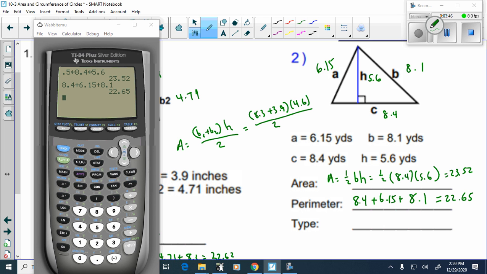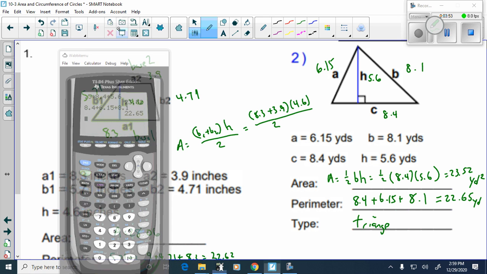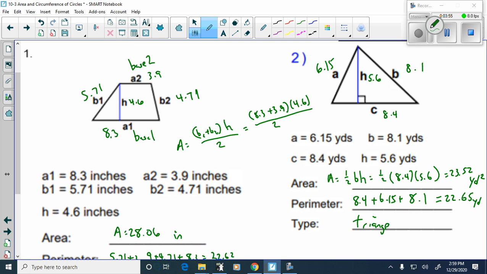And I should put units on here. This is yards, this is yards squared. This is a triangle. And so, of course, this is going to be square inches and regular inches.